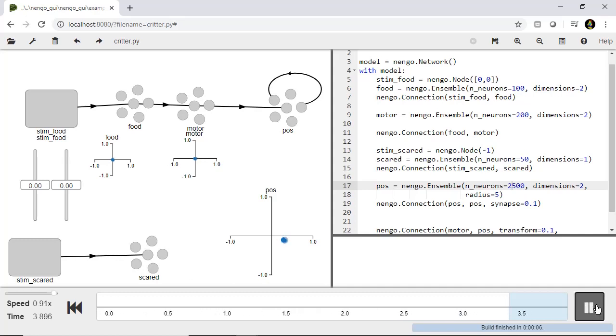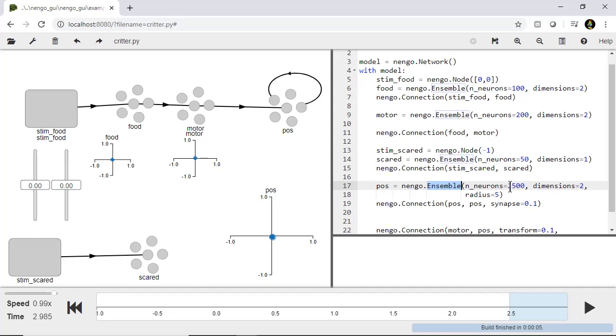That spinning gear is your computer generating all those neurons and finding all those connection weights. As you increase the number of neurons in one ensemble, that optimization process of finding the connection weights takes longer and longer. It's a least squares minimization problem.